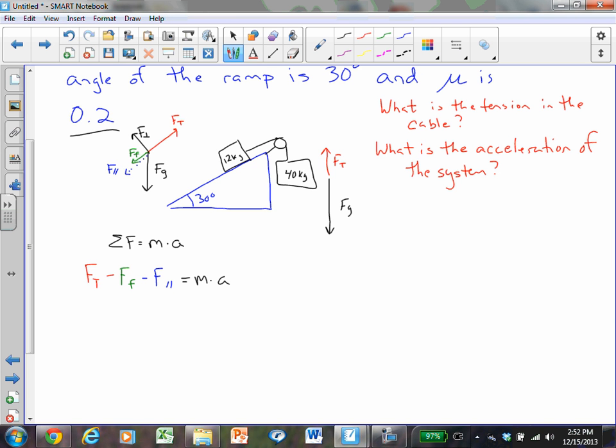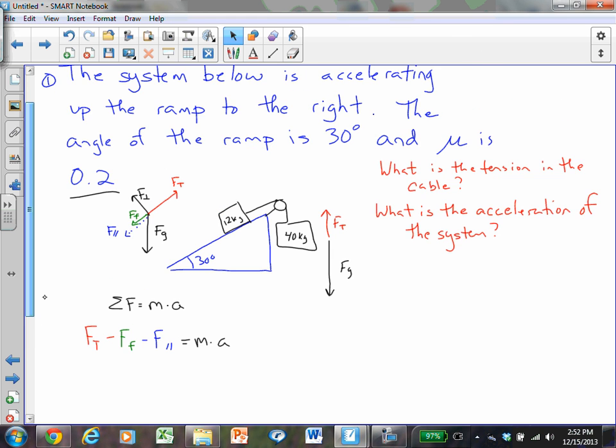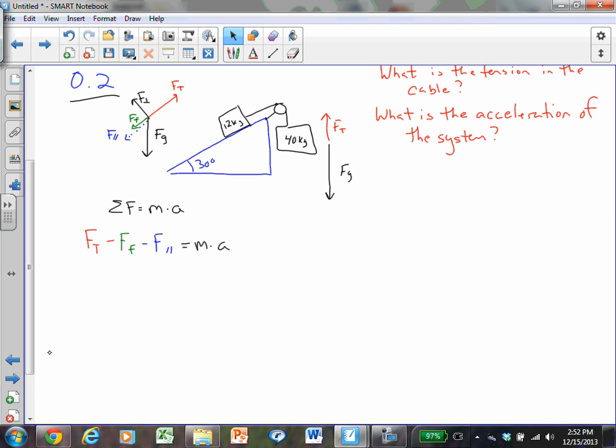And now we can fill in some things that we might know for it. So if we take friction, well, the equation for friction is mu F perpendicular. And mu, we are told, is 0.2. And F perpendicular will be Fg cosine theta.